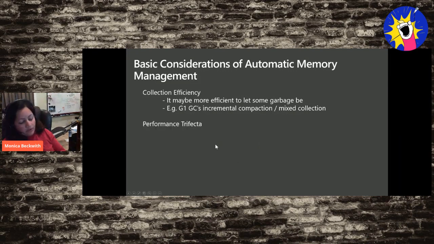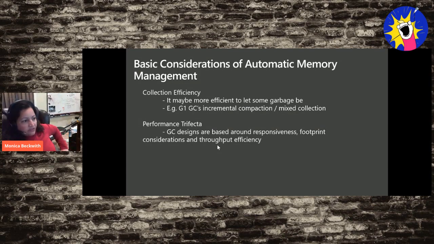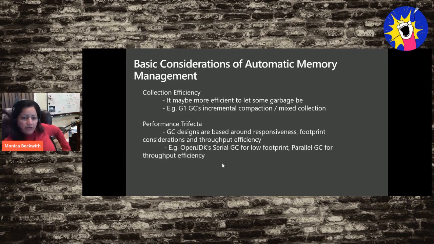The next consideration for designing a GC algorithm would be the performance trifecta, which is basically responsiveness, throughput, and footprint, right? Usually you design GCs favoring one of the three, maybe two at a time as well. For example, the oldest collector that you will know in OpenJDK is the serial collector, and that's designed for low footprint.